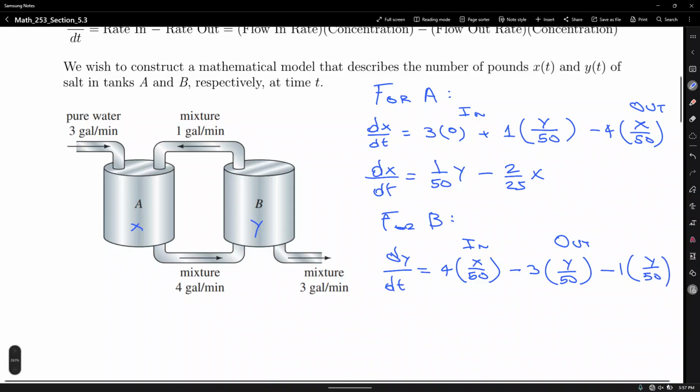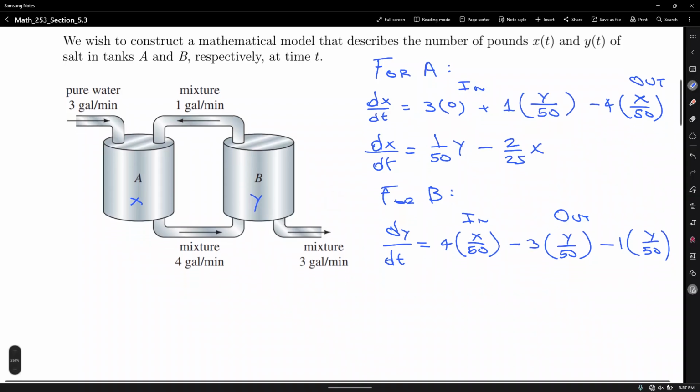And that's pretty much the setup of the situation. Well, let me clean this up at least. So that's dy/dt equals 4 over 50, which reduces to 2 over 25, minus, be careful here, I'm not going to reduce yet, 3 plus 1, negative 3 minus 1, is that negative 4?